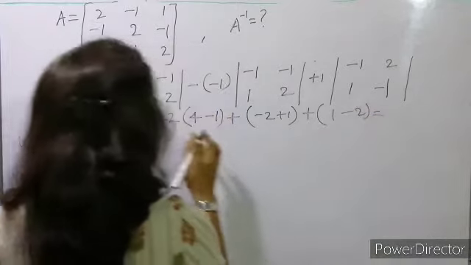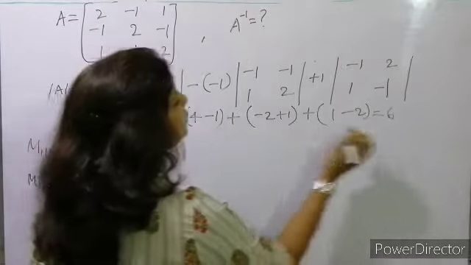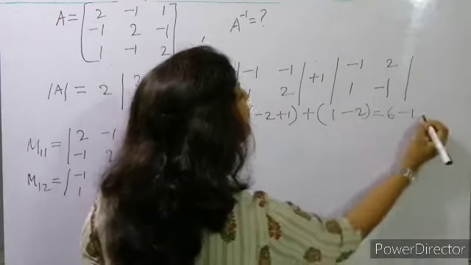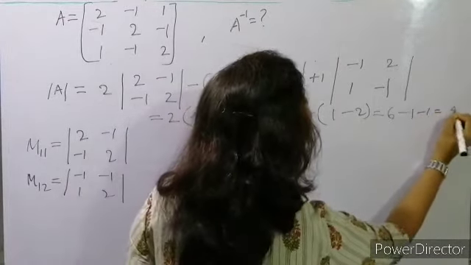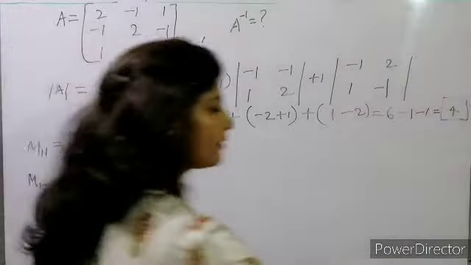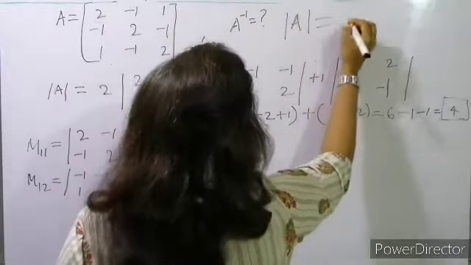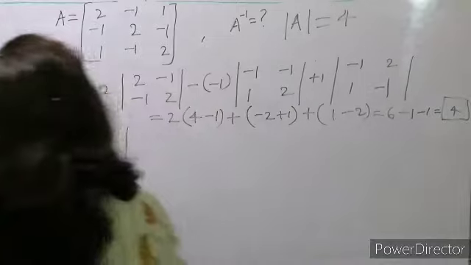Okay, so 3 into 2 is 6, -1 -1. Okay, the value 4 we got. Now we'll write here the determinant value is 4.